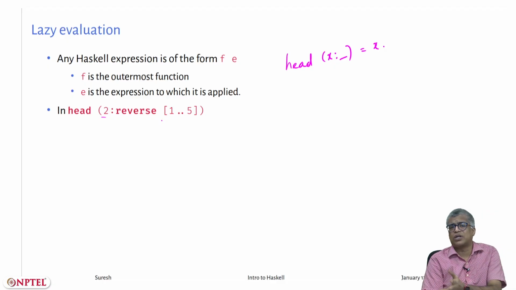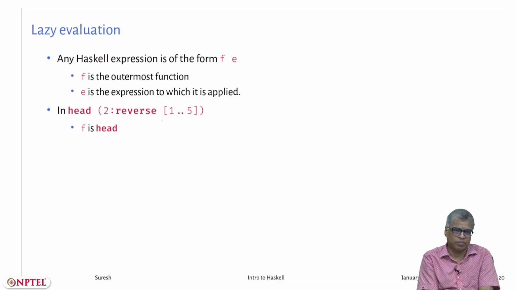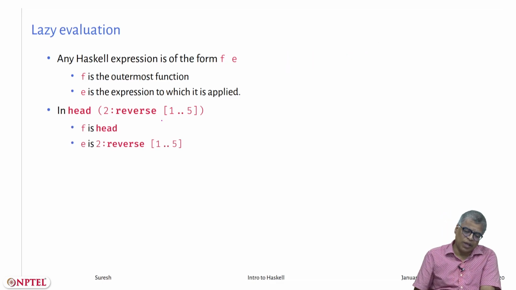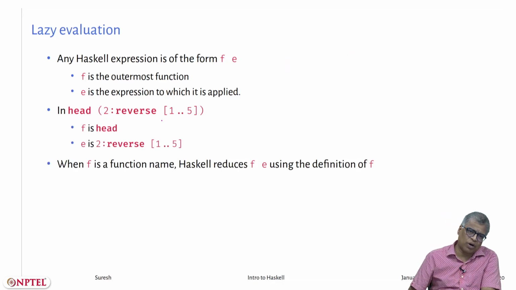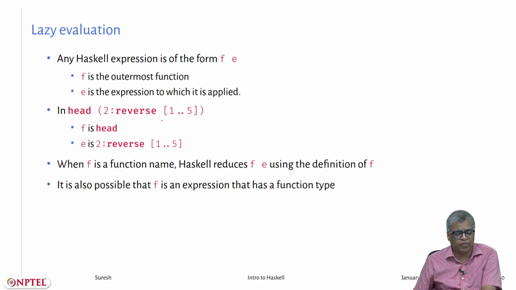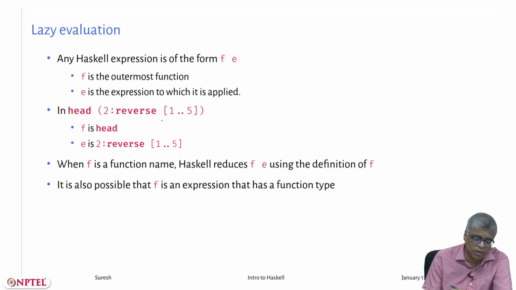So, it will just return 2 without ever computing reverse of 1 dot dot 5. There is no need to do that. F is head, E is 2 colon reverse 1 dot dot 5. When F is a function name, Haskell reduces F applied to E using the definition of F. It is also possible that F is an expression that has a function type. So, F could be a complicated expression rather than just a function name.